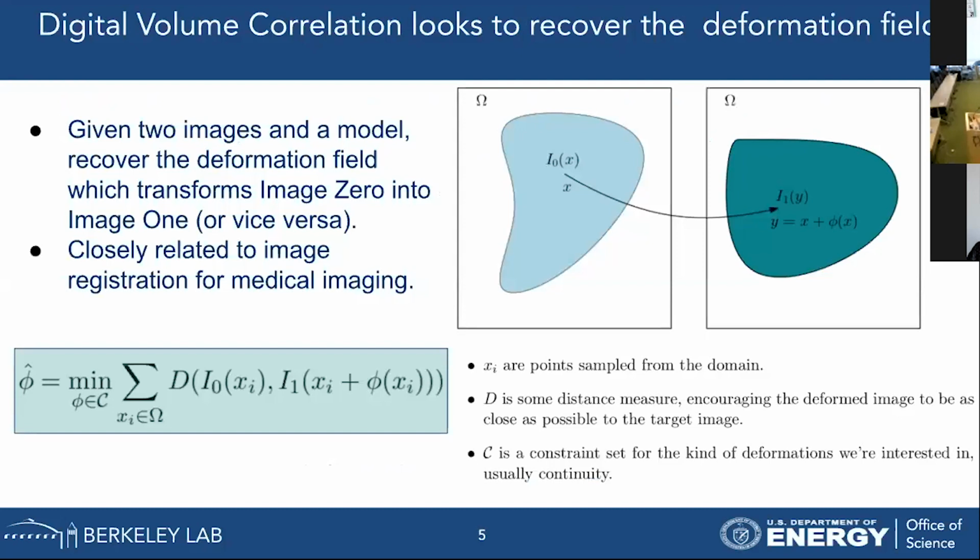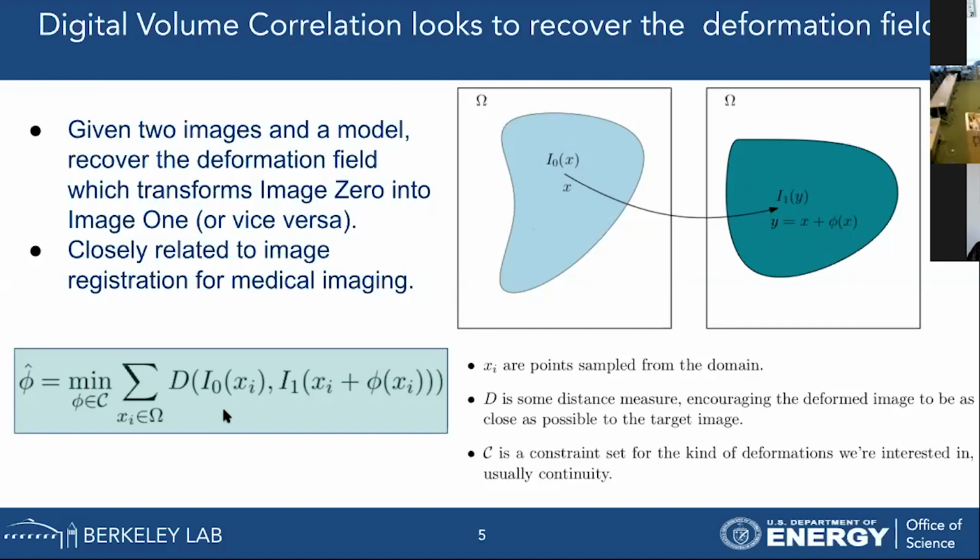So the object that we're interested in is this deformation field, given by this variable phi. We have our first image I0, and we assume that in I1, we have the exact same material, but now it's undergone some deformation. So every point x in I0 corresponds to some other point y in I1, which is x plus some kind of deformation.